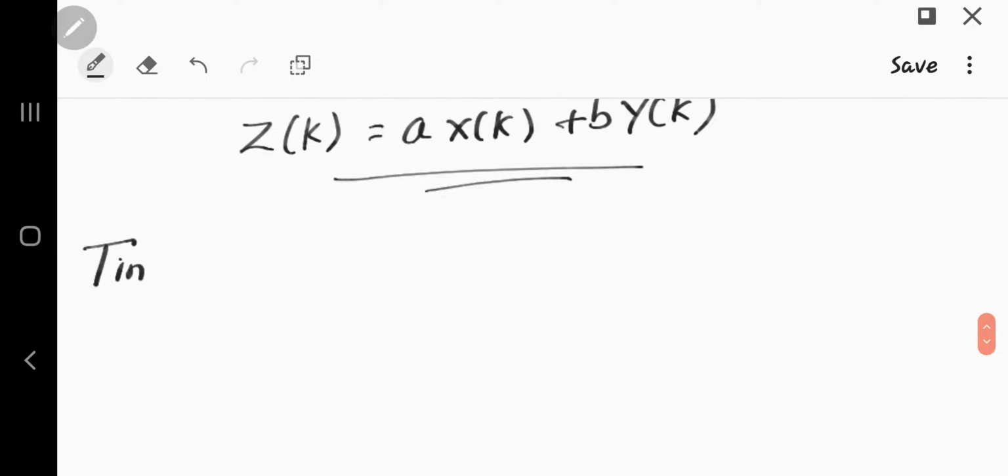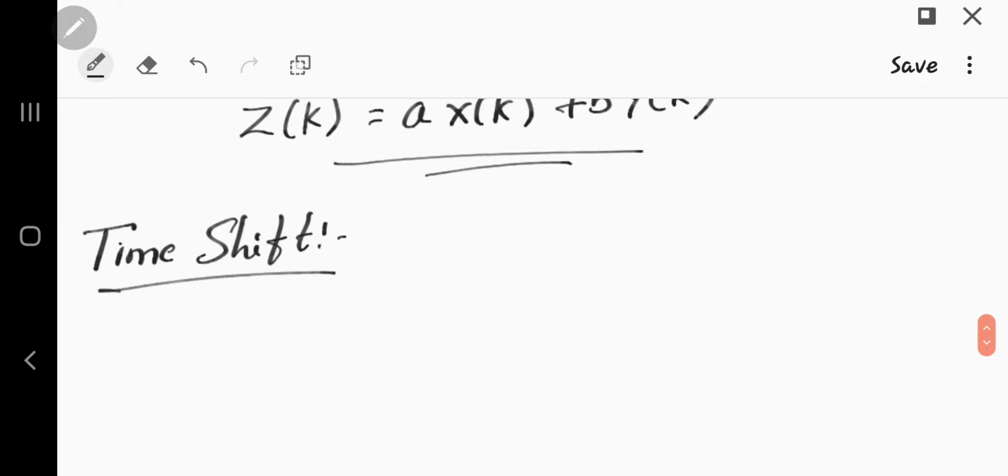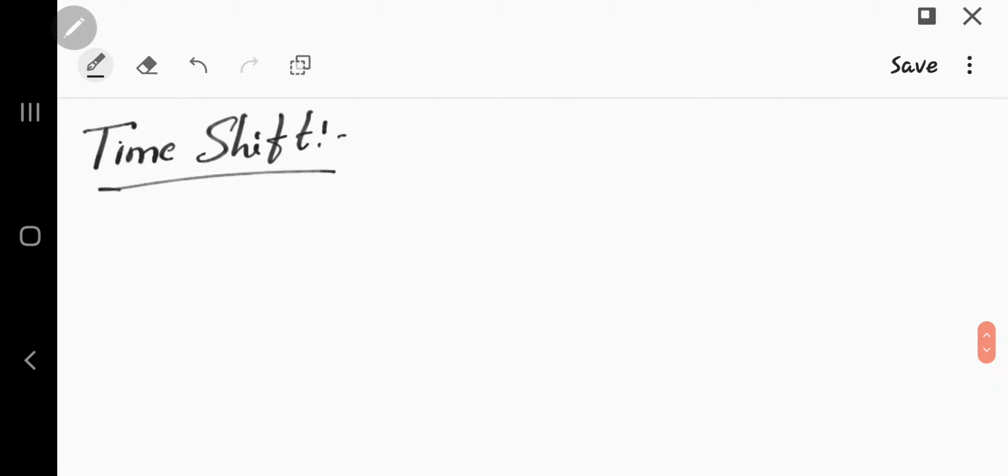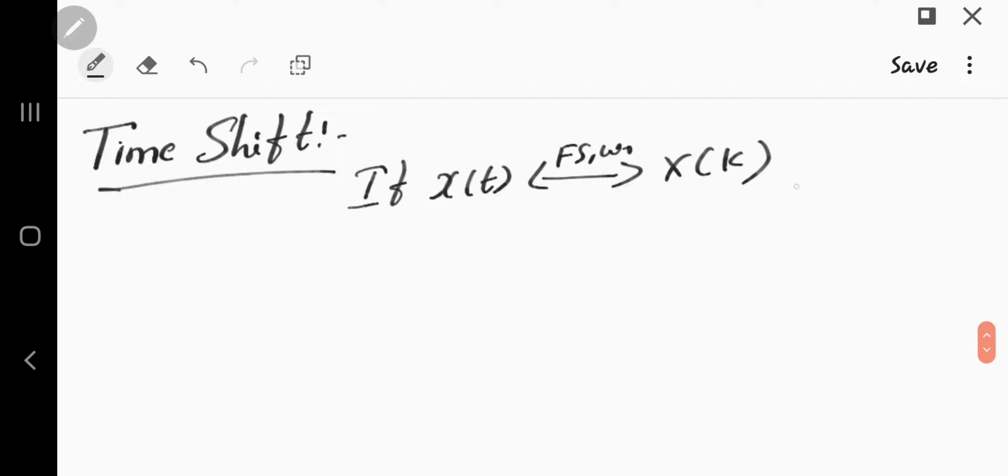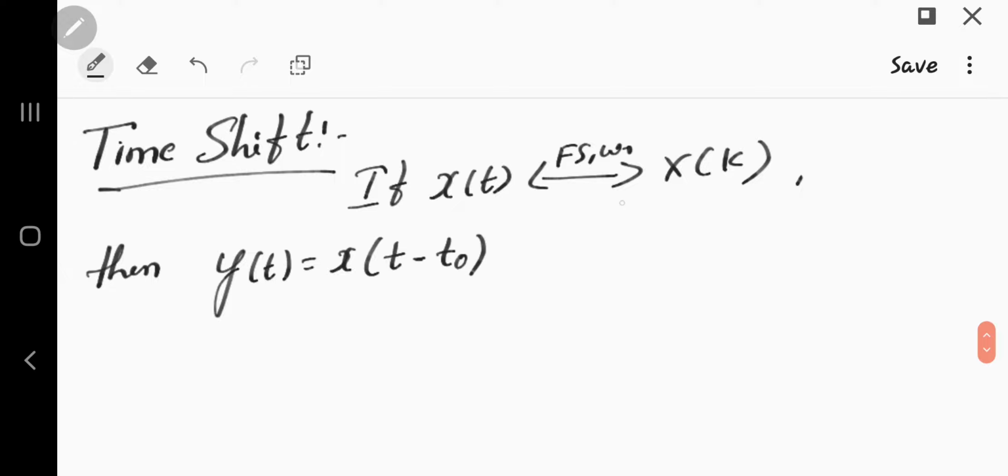So next is the time shifting or time shift property. So we take the definition of it. If x of t is x of k, then y of t is equal to the time shift, that is x of t minus t naught.